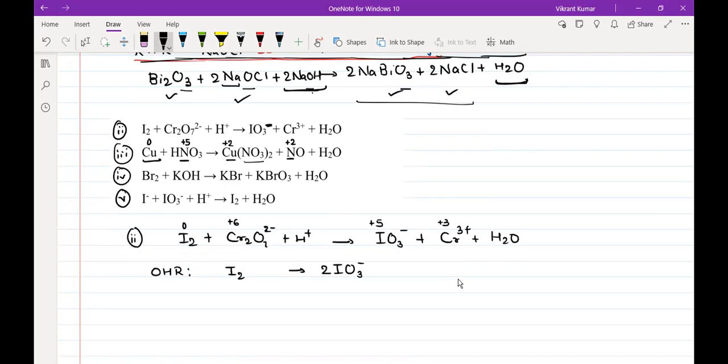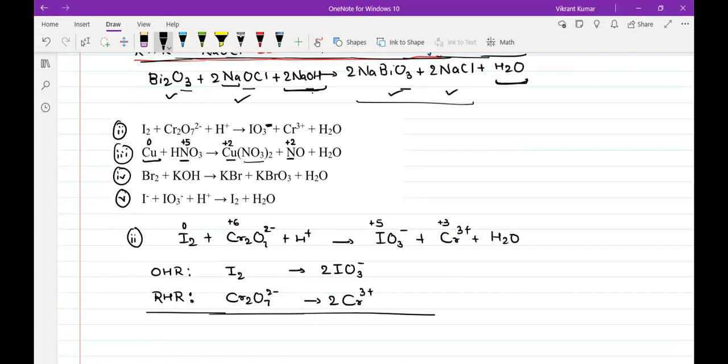If I don't put 2 here, iodine will not be balanced, so I'll put 2 here to balance the iodine. Keep checking wherever you are stuck. The second step is Cr2O7 2 minus, and as you find mistakes, tell me, so that we don't repeat them in future. So now to balance chromium we need to put 2 here.